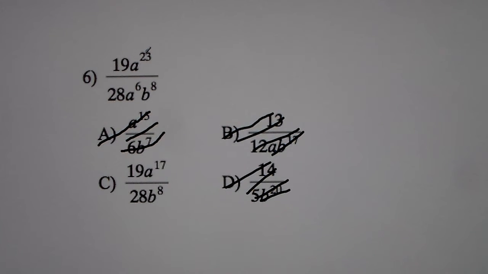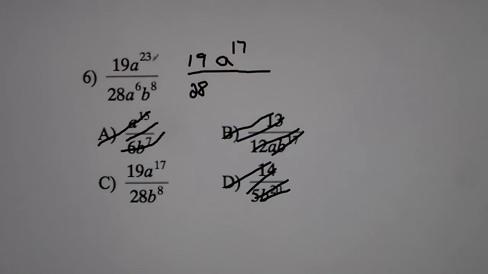A to the 23rd power divided by a to the 6th power. Now, you have to ask yourself, where's the bigger a power? Is it on the top or is it on the bottom? As you can see, a to the 23rd is bigger than a to the 6th. So we're going to put the a on top. Now, how much bigger? We do 23 minus 6, which gets us 17.